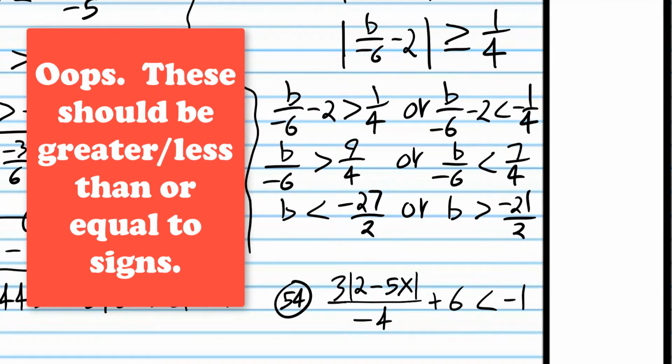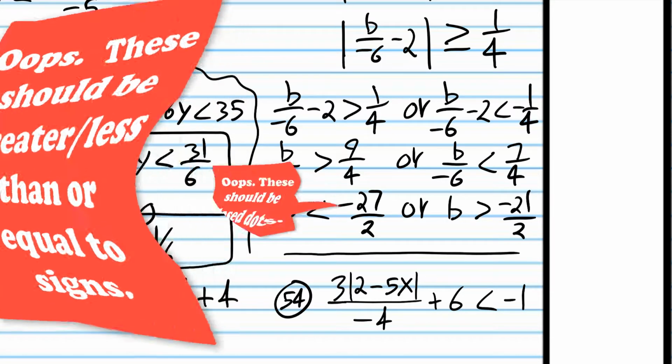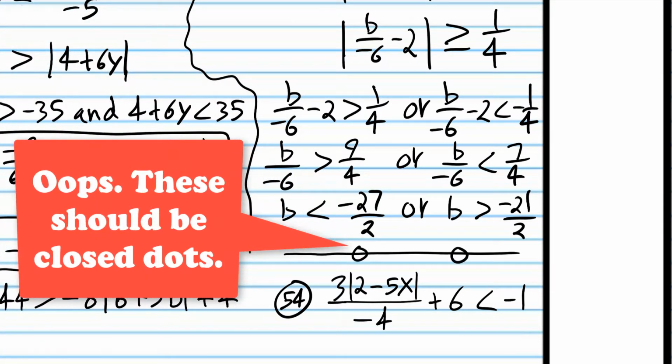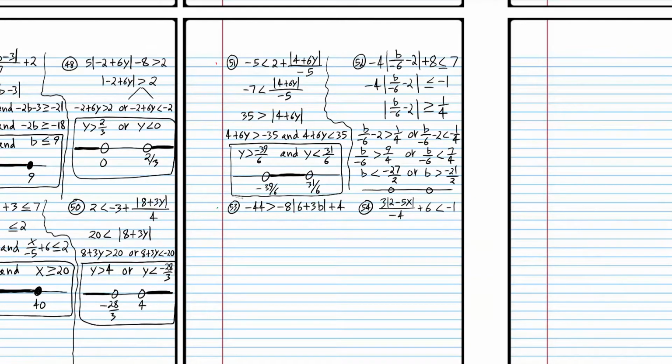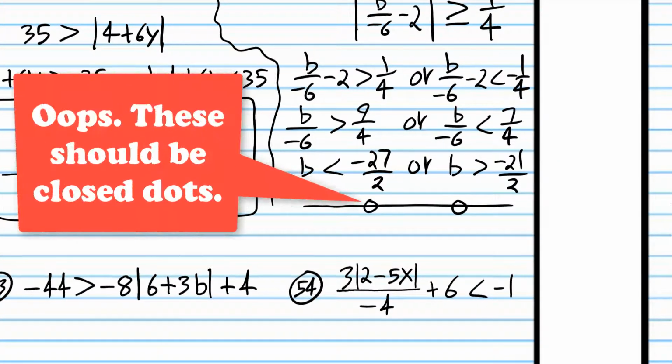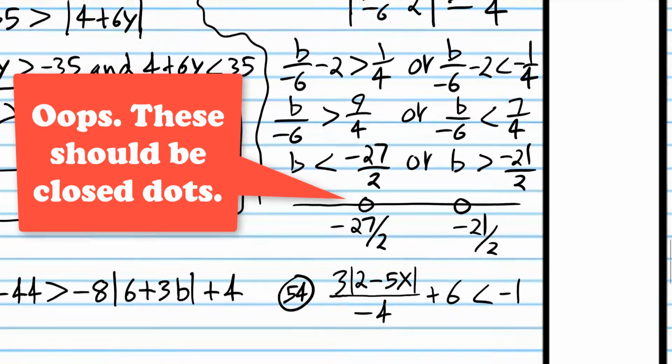So now we're going to write the graphical solution, and we need open circles. I'm just going to pull these problems down a little bit. So now, let's see here, -27 over 2 is a smaller number, so that goes there, and this is the bigger number.